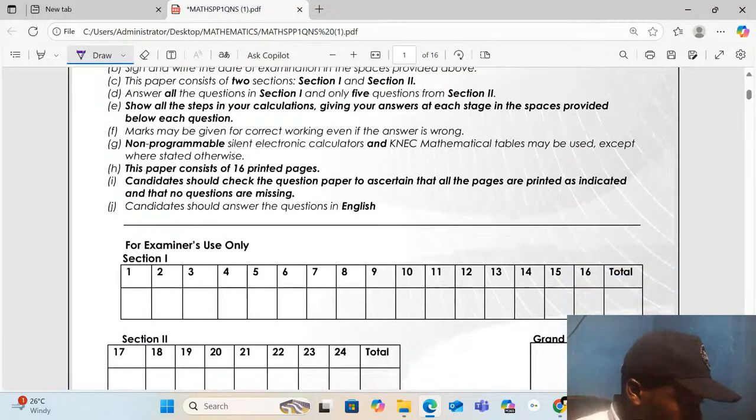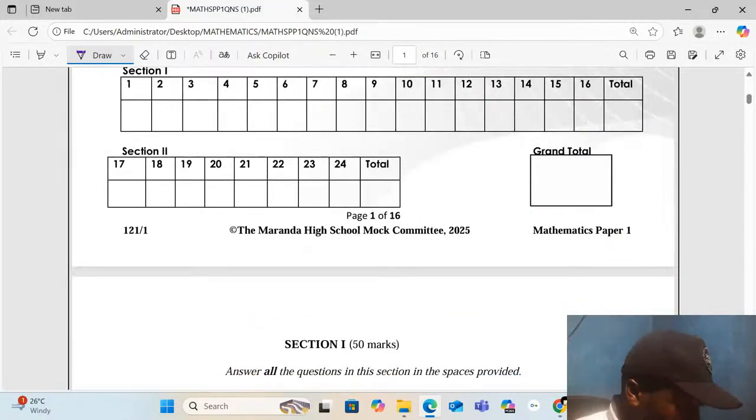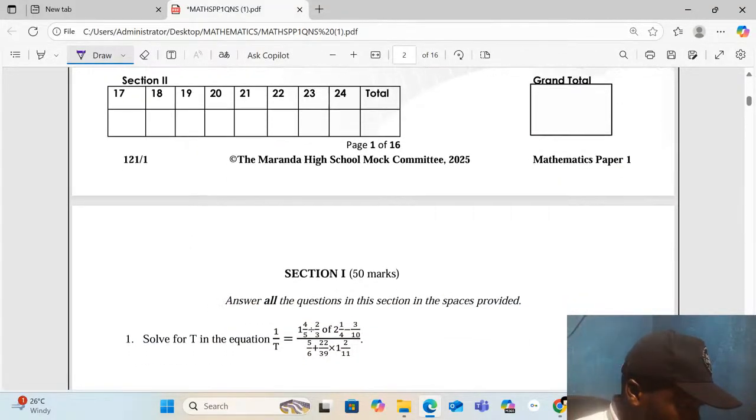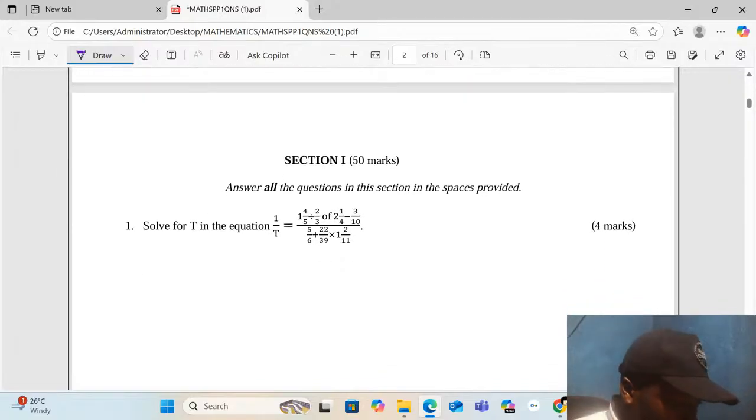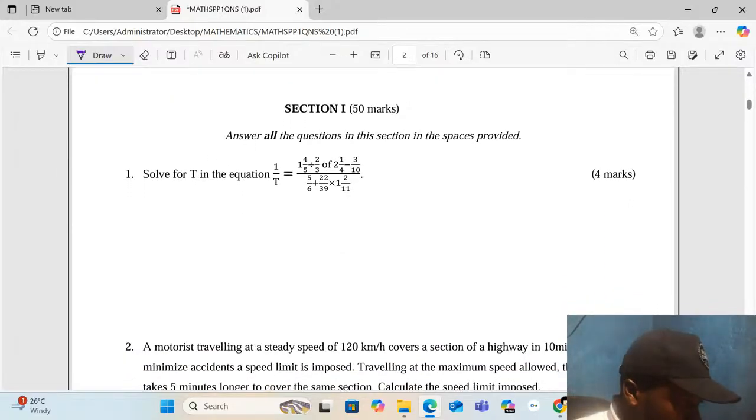You are required to do all the questions in section 1, and it carries 50 marks of the total 100 marks. All the questions in this section are supposed to be answered in the space provided.